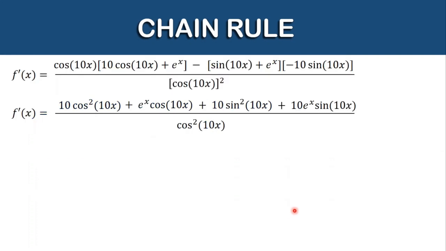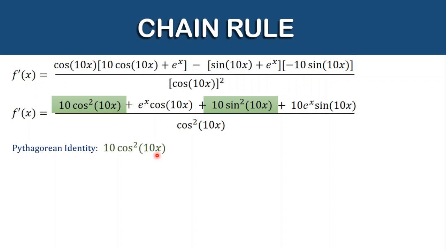Ayan. So, analyze ulit natin. At this part, meron tayong pwedeng gamiting trigonometric identity. This part, yung 10 cosine squared 10x, and this part, 10 sine squared 10x. So, anong pwedeng identity na pwede natin gamitin dito? That is the Pythagorean identity. So, sulat natin, we have 10 cosine squared 10x plus 10 sine squared 10x.